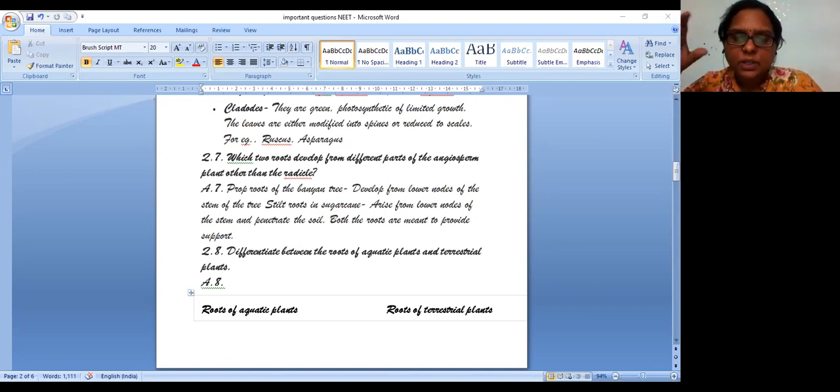When I open the image, there will be so many images, and I try to take the image which actually focuses on those. That will be very clearly seen in the flowers when I take them. You can see the fused stamens, the fused filaments, the fused petals. When you see that, it will be very clear, because all this information is there in your NCERT, no doubt. Everything is there. The only thing is that the characteristics and the diagram you have to fix into your mind.